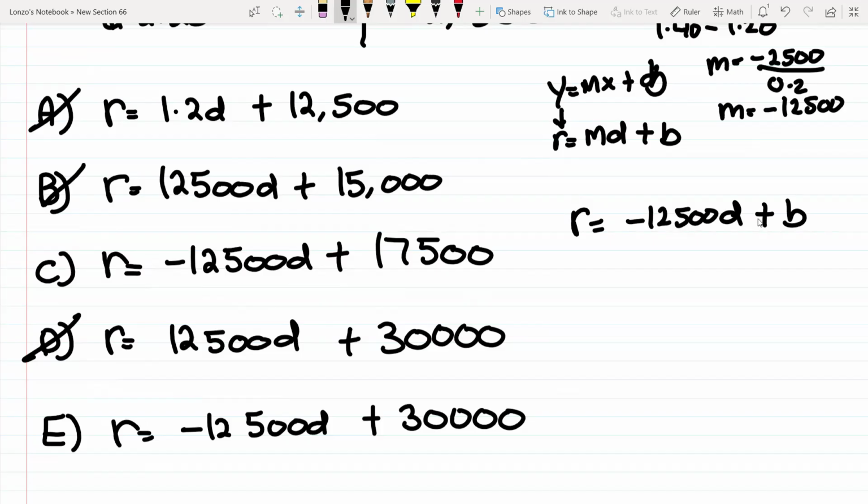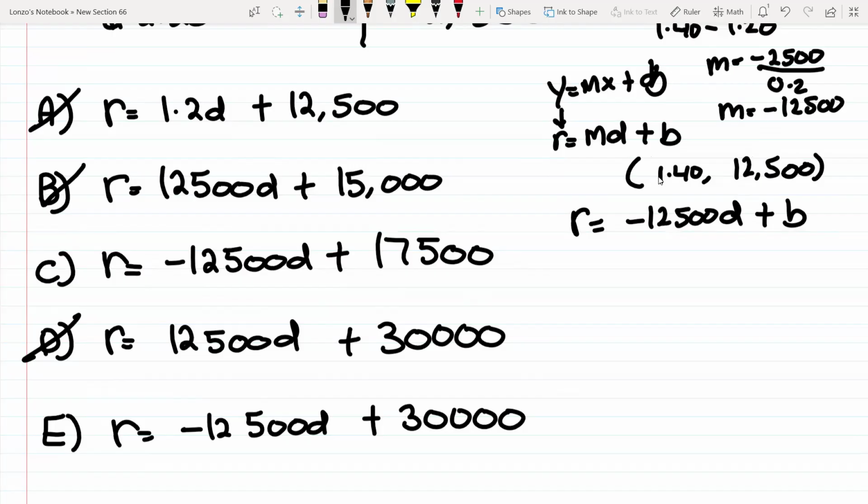What I'm going to do is pick a point from the table, and if the statement is true, that's the one. I'm going to use the point 1.40, comma 12,500.